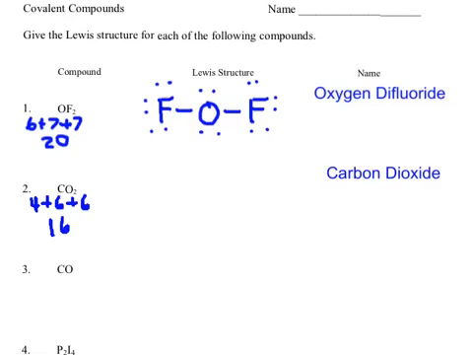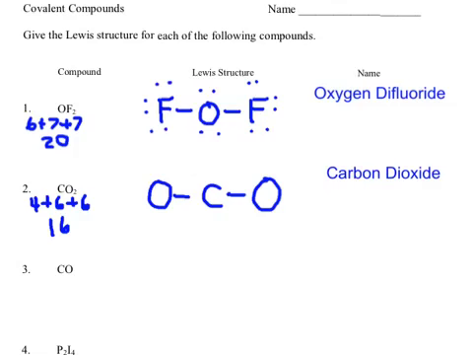So I'm going to take the atom that has the fewest valence electrons, carbon, and put it in the middle. I'm going to distribute the oxygens symmetrically around the central carbon atom. I'm going to connect these peripheral atoms to the central atom by single bonds. Now remember, each of those single bonds represents a pair of electrons. So I've just used up 2, 4 electrons.